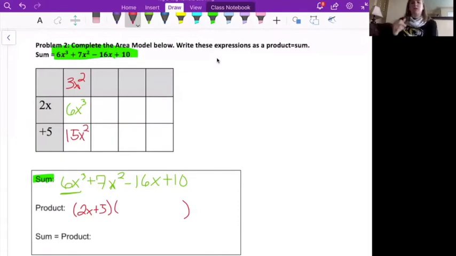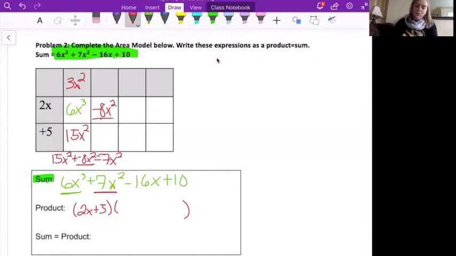Now this is where it gets a little interesting, because we now want this next term to add to 7x squared. So we have 15x squared plus something equals 7x squared. So 15 minus 8 would give us 7.